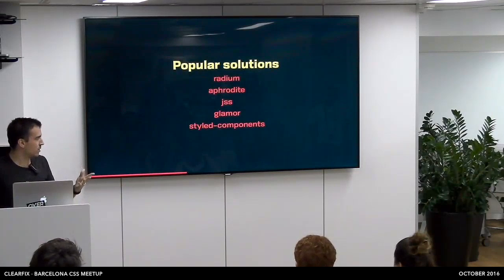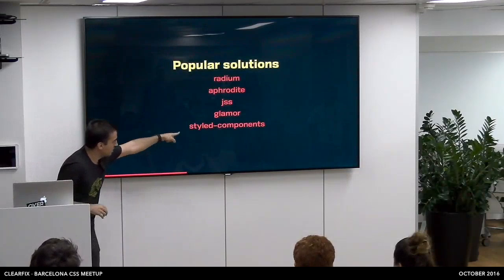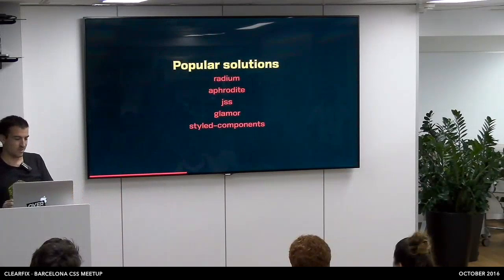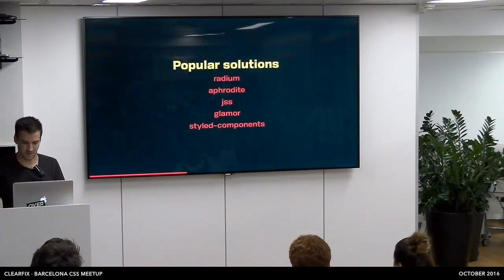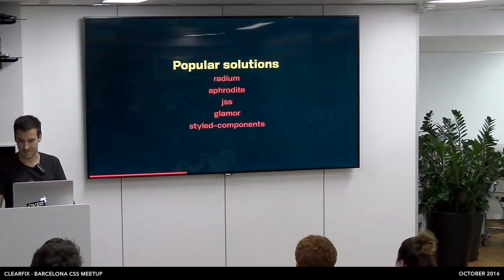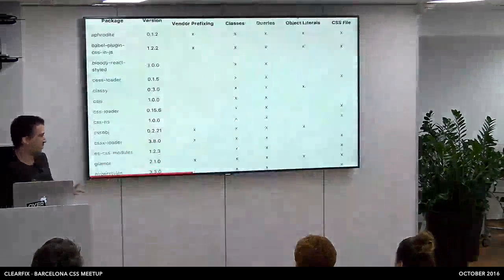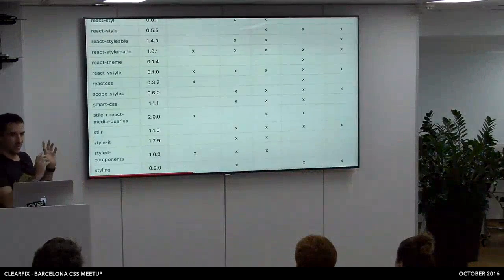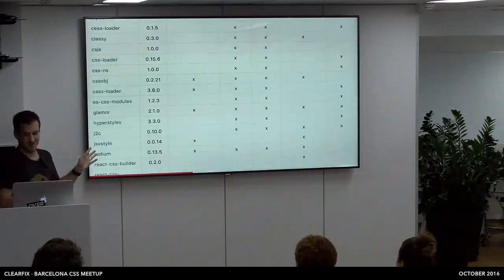There's Radium, Aphrodite, JSS, Glamour, and this one is actually from last Thursday, and kind of is guilty of making me change most of my slides. Well, yeah, there are a lot of libraries out there to write CSS inside JavaScript. It's like we are looking for something. There's a pattern out there.